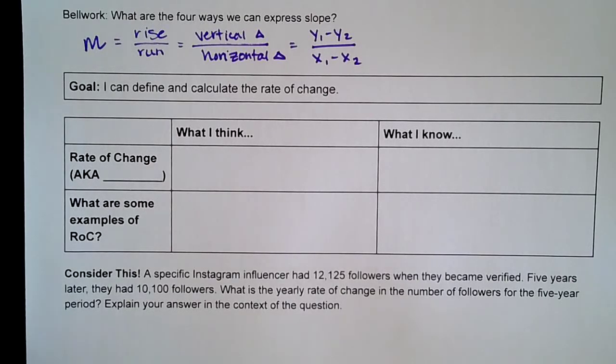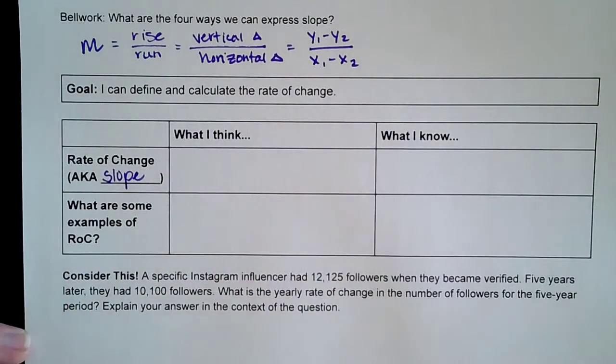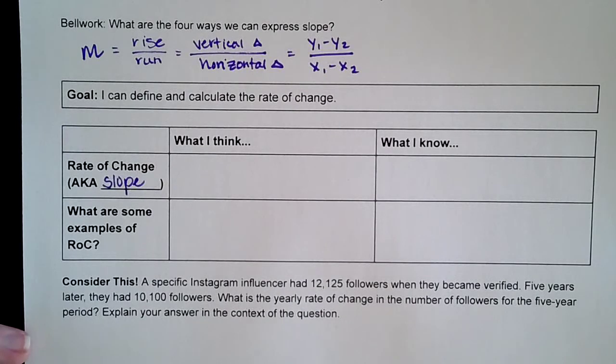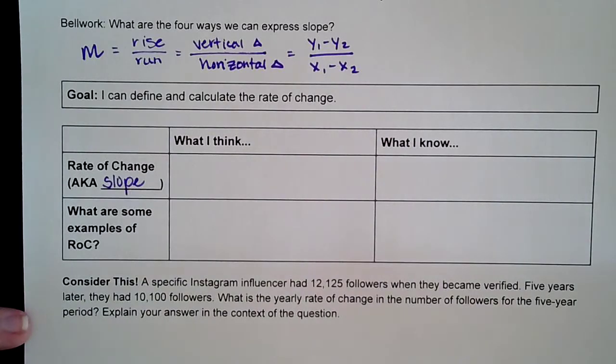All right, rate of change, aka slope. That's right. If today's lesson is slope, it makes sense that we're just going to talk about slope with different words, which is rate of change. So rate of change is one of those definitions that I don't like because it is essentially the rate at which something changes over time.